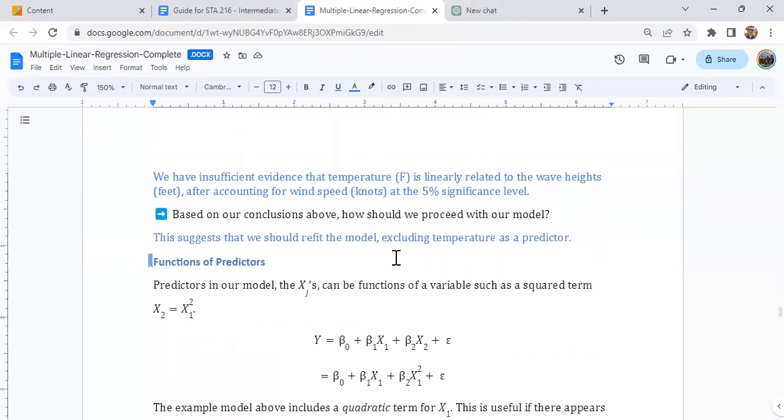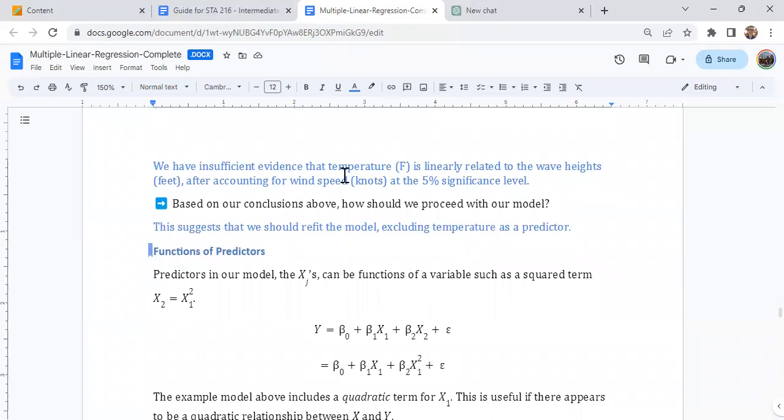So this is one way in which we can, some people would call it pruning the model, trimming it down, or conducting model selection, deciding which predictors to keep in your model. Doing these individual t-tests is one way to do that. There's many other ways, but that's how we're going to cover it in this class.